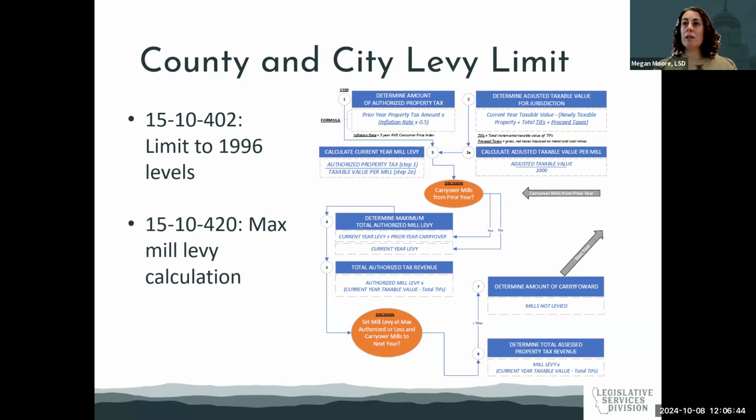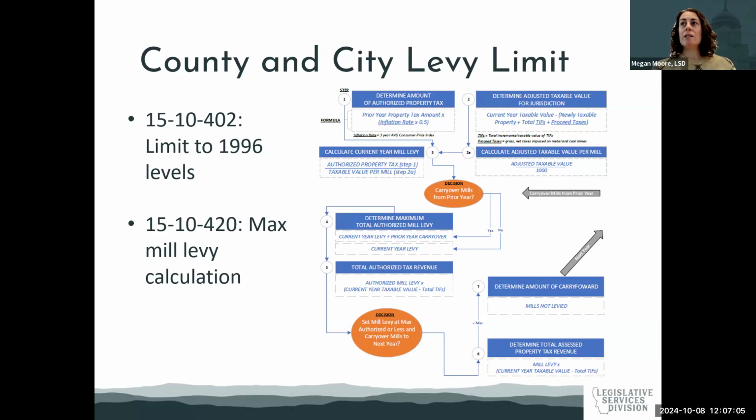I'm going to take you through this graphic on the right in a moment, but first I wanted to talk about it more generally. This is a summary of how local governments will calculate their maximum mill levy. There are 2 main components to the calculation. The first is to determine the amount of property tax that is authorized.